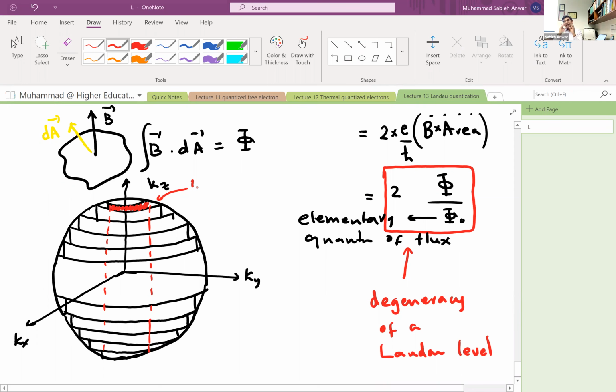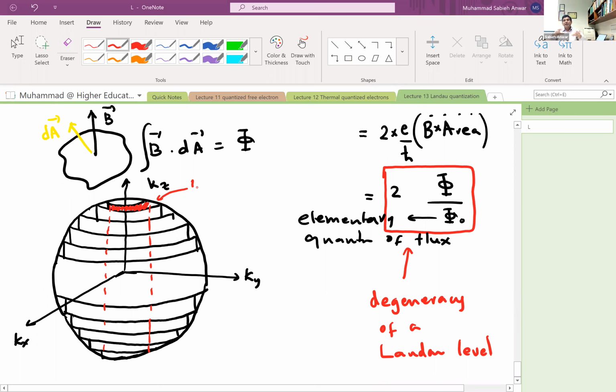All of the kx and ky points whose number is given by 2 phi over phi naught now lie on this tube. Likewise, we can draw another, bigger tube, which is the L equals 1 tube, coaxial with the L equals 0 tube but outside it. And the same number of points now coalesce on the L equals 1 tube.